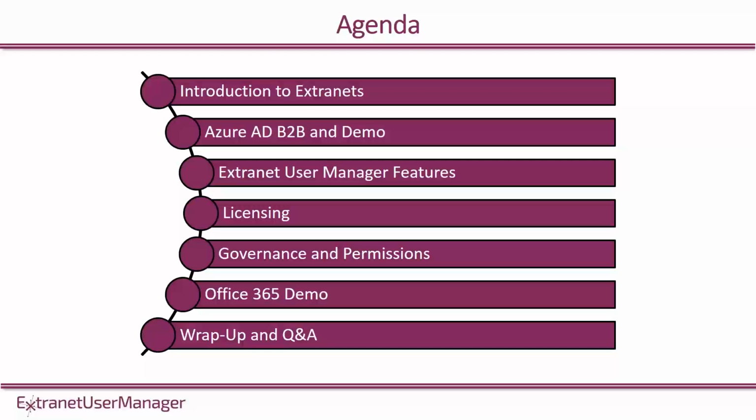And then we'll contrast that with Extranet User Manager, talk about some of the gaps that we see in B2B and how we fill those with Extranet User Manager, talk about the licensing, some of the governance around that, and then take you through a demo from an Office 365 point of view using the Extranet User Manager. We can wrap it up from there. Any questions we haven't answered, we'll try and answer those at the end of the session. If not, if we need to take away, we'll follow up through email after the webinar.